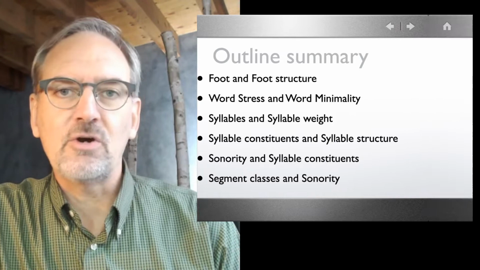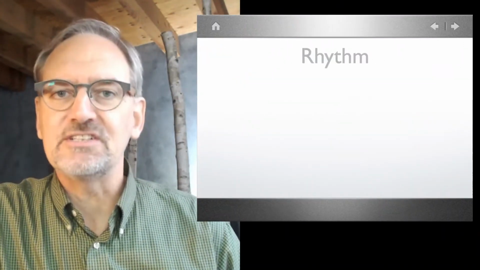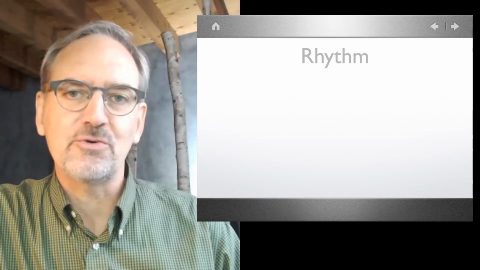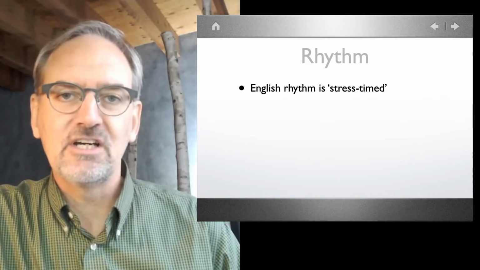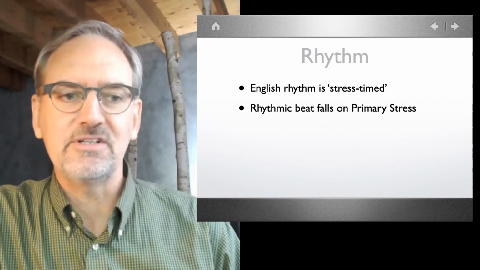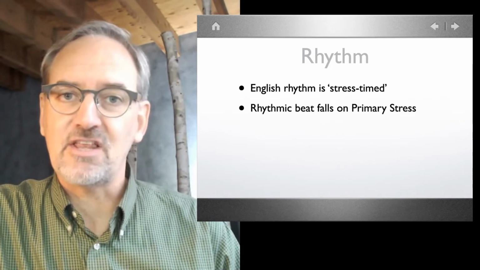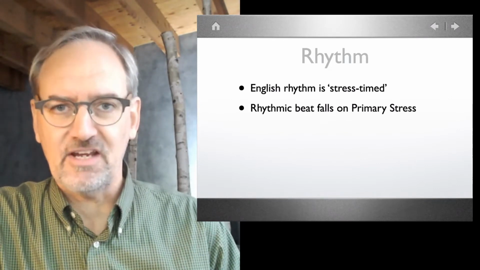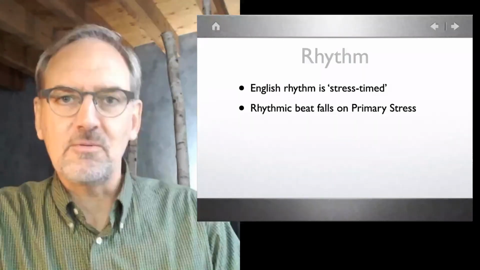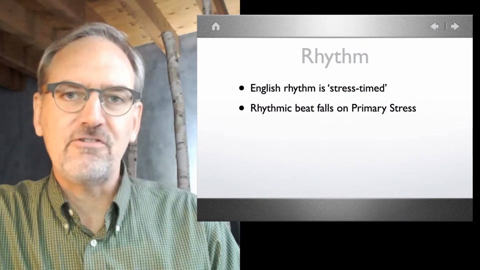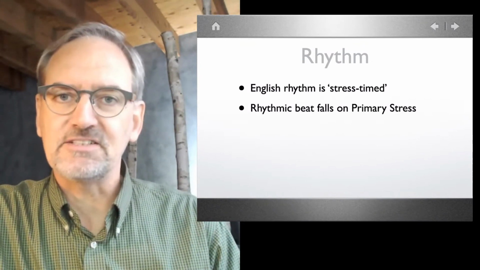Okay? So as I say, we're going to start with the most recent topic, which is the basis of rhythm in spoken English, which for English as a stress-timed language is based on the foot. Now we've seen that the timing of English rhythm, the kind of beat to it, if we think in musical terms, falls on primary stress.